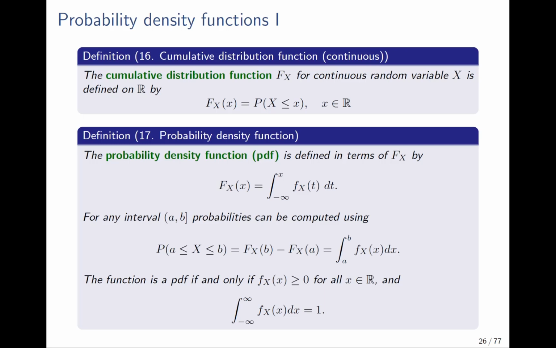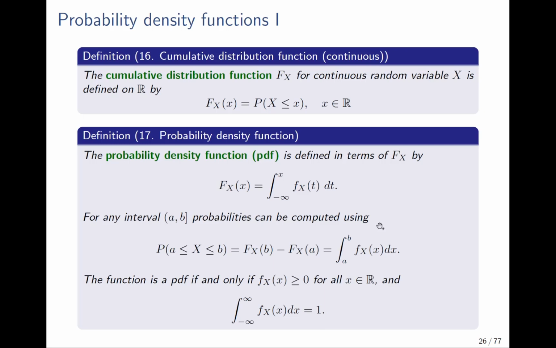Now again, the rules of probability must apply to the PDF. So the function is a PDF if and only if the probabilities that it generates are non-negative, and the function must integrate to 1 over all values that random variable x can potentially take.